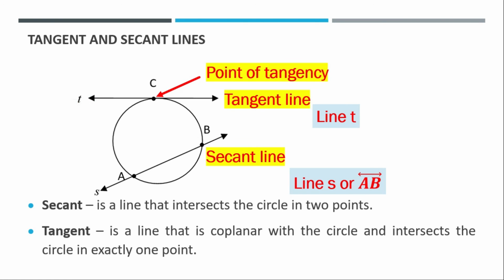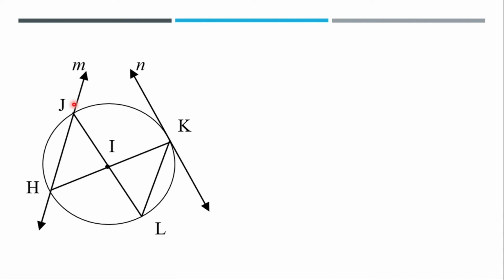Okay? So, magbigay pa tayo ng halimbawa para mas lalo nyo maintindihan. So, we have here our figure. I-identify natin muna kung ano yung point of tangency natin. Tingnan muna natin kung ano ba yung tangent line natin. So, ito yung tangent line natin since 1 point lang yung na-intersect niya. It's the point K. And point K is called the point of tangency.